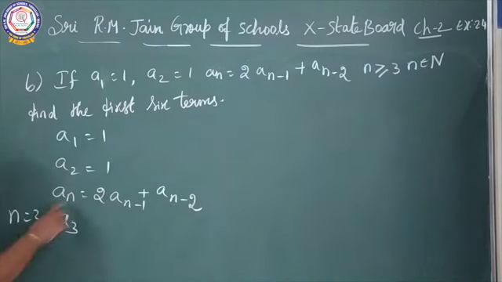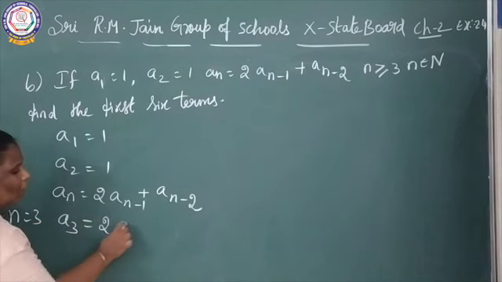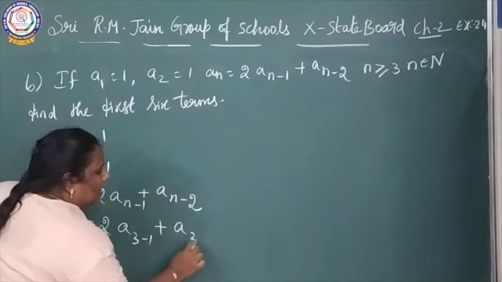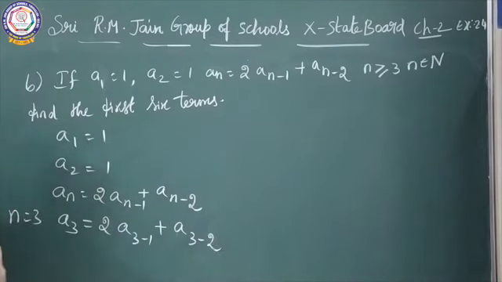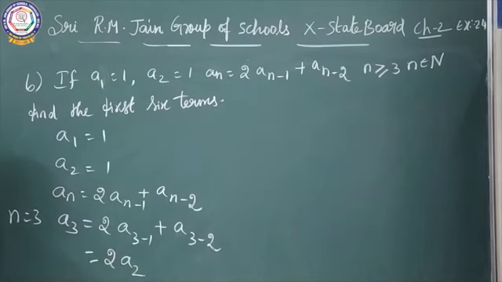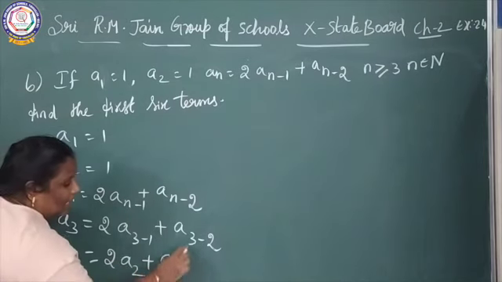N equal to 3, A3 equal to 2a3 minus 1 plus a3 minus 2. It gives 2a2 plus a1.